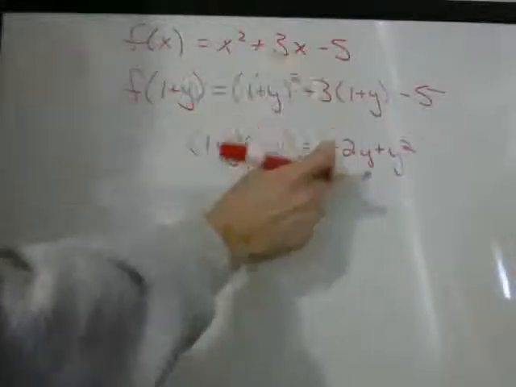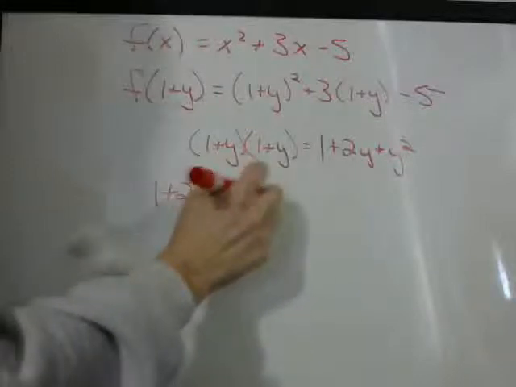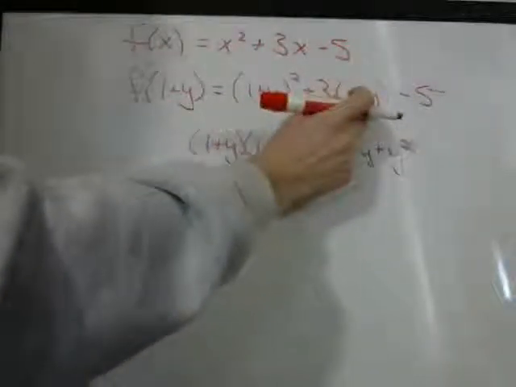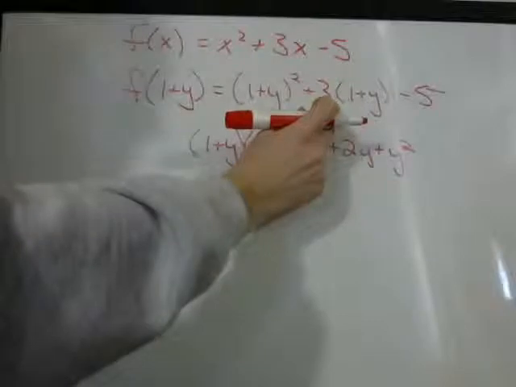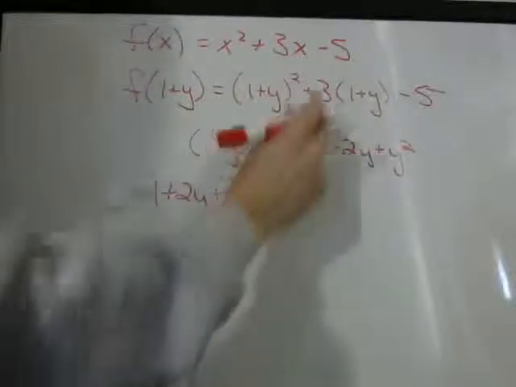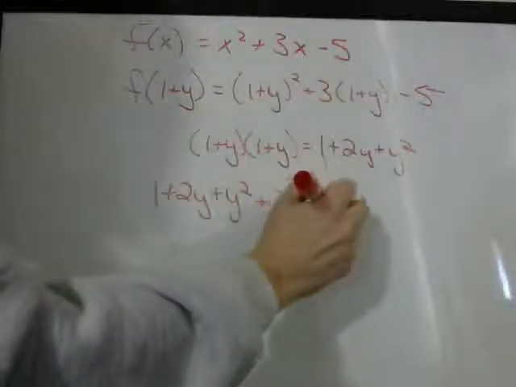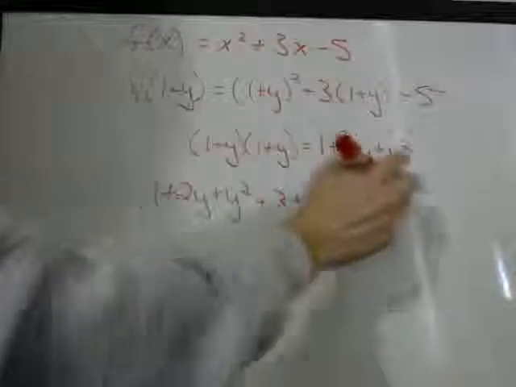So 1 plus y squared is 1 plus 2y plus y squared. And then you're going to use the distributive property to figure this out. So if you don't know what that means, go back and watch the video on mathematical properties. So 3 times 1 is 3. 3 times y is 3y minus 5.